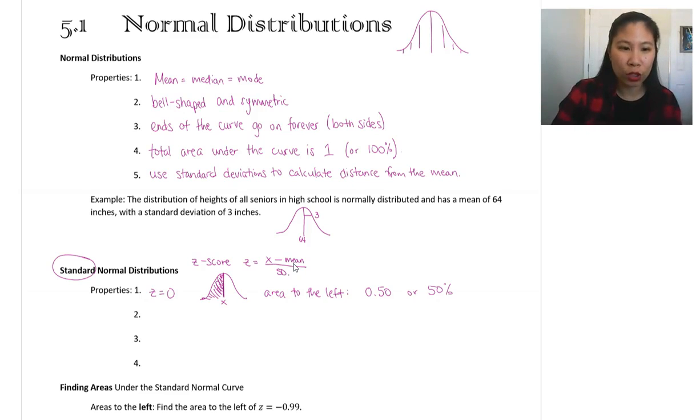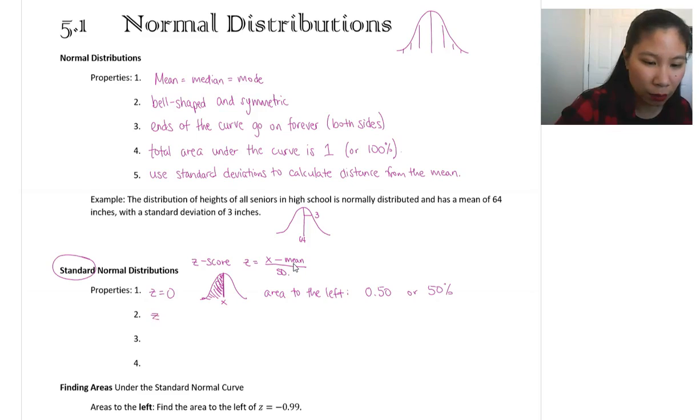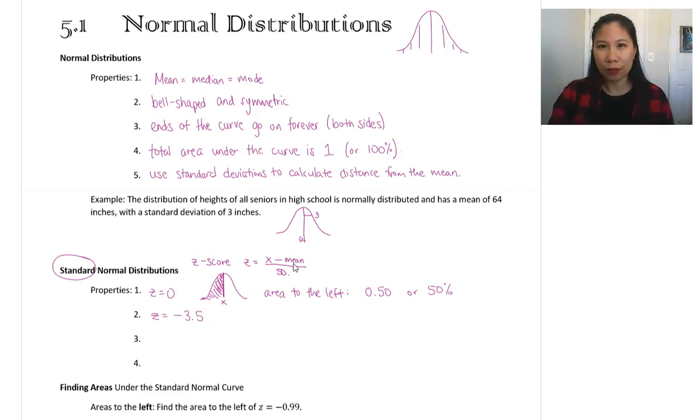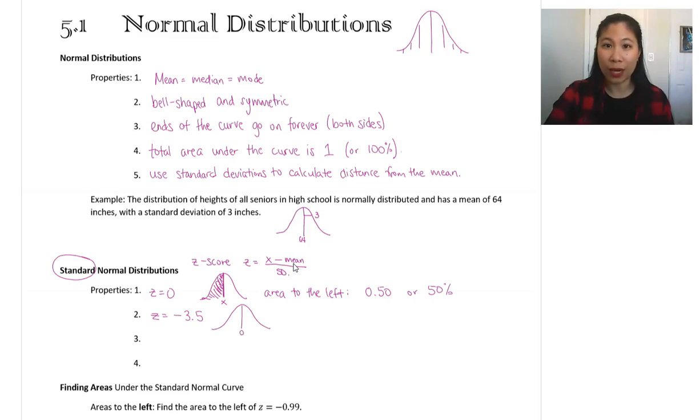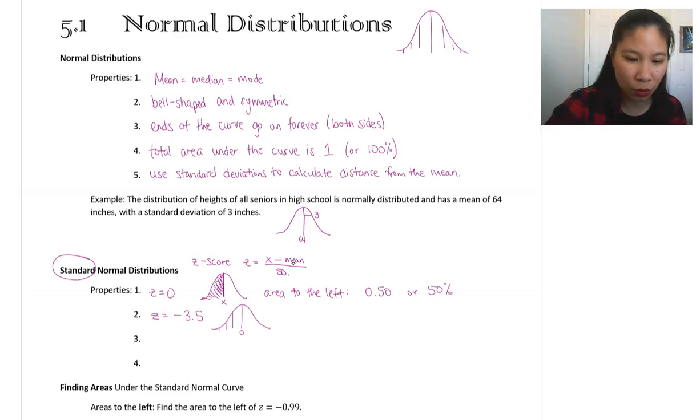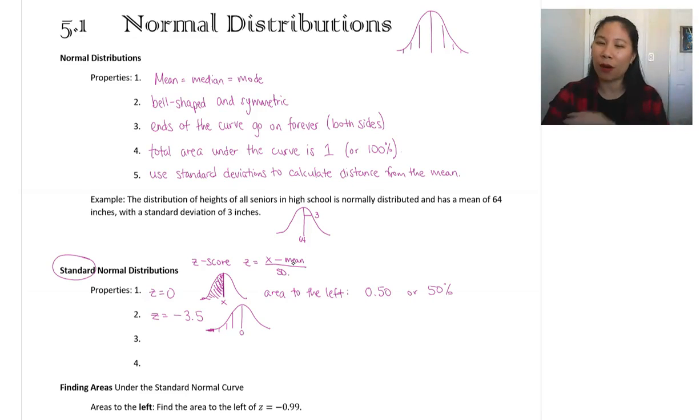Okay, if we're talking about a z-score of negative 3.5. If we were to draw this out on a normal curve, because we know a z-score of 0 is going to be right in the middle, then negative 3.5 is, back in the day when we used to draw this out with the lines, 1, 2, 3, 3.5 is way out here already. So if we're shading to the left from here, that area is going to be really, really small because it's so close to the end of the graph.